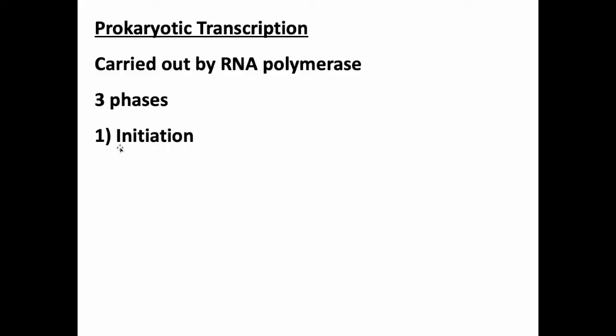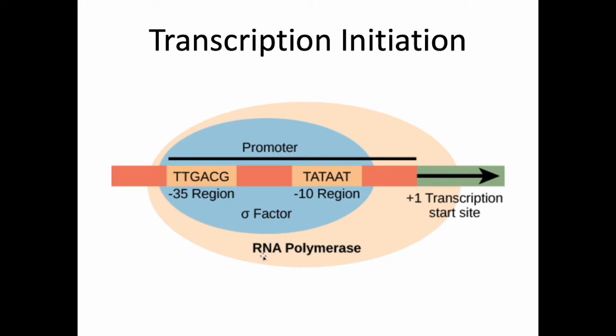The first phase is called initiation. Initiation begins when the RNA polymerase, here's the orangish tan blob, binds to the DNA. Not just anywhere on the DNA. The RNA polymerase is going to bind to a specific region of the DNA called the promoter or promoter region.